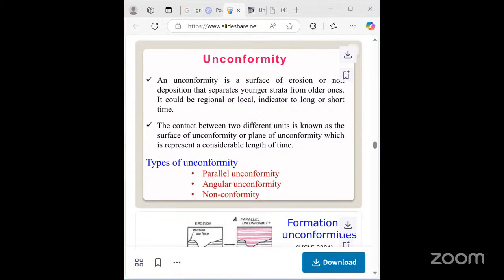Now you see, the contact between two different units is known as the surface of unconformity or plane of unconformity, which represents a considerable length of time.